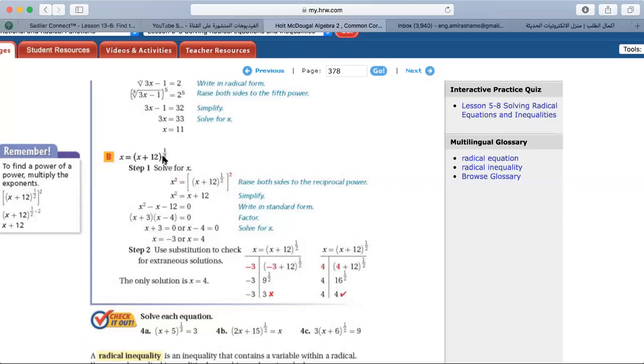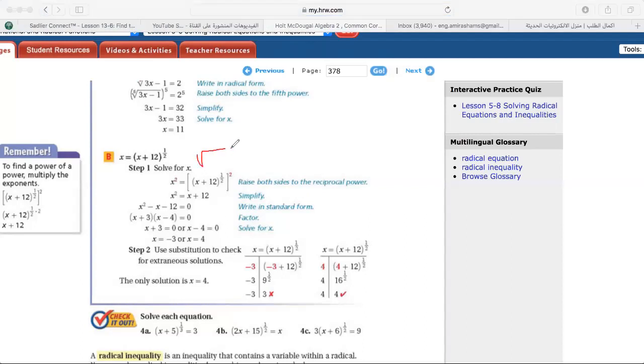Rewrite as a radical form: the square root of x plus 12, the denominator here. I will write it for you. x plus 12.